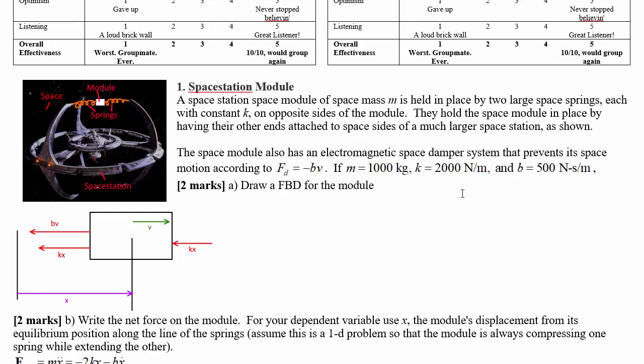And since the two springs together produce 4,000 newtons per meter, if you had a displacement of 1,000 meters, you'd have a force of 4 million newtons.